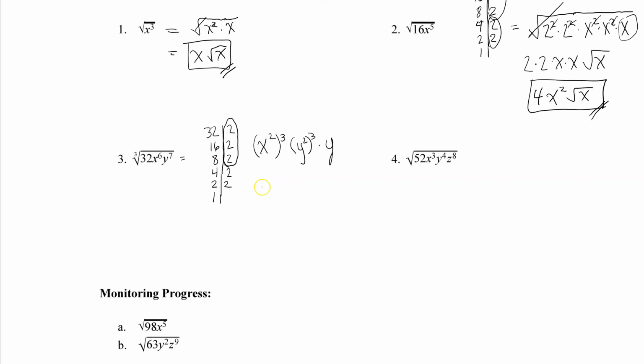So altogether here, I would write this as the cube root of 2 cubed times 2 squared times x squared to the 3rd power times y squared to the 3rd power times y.